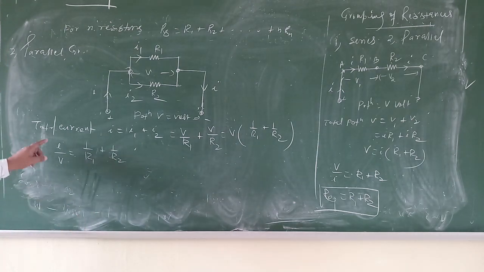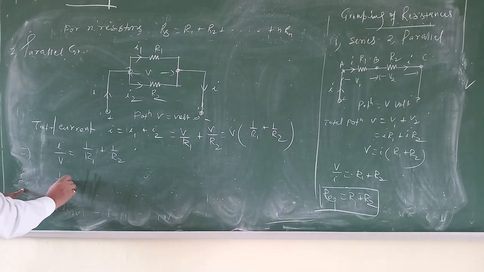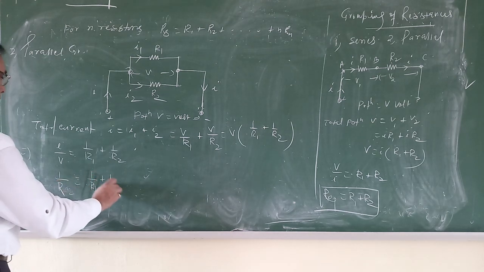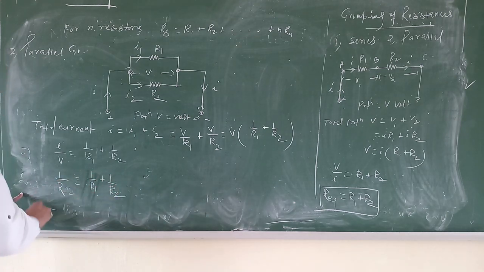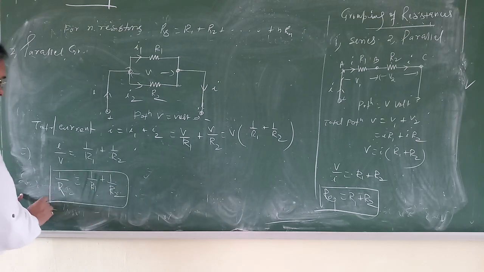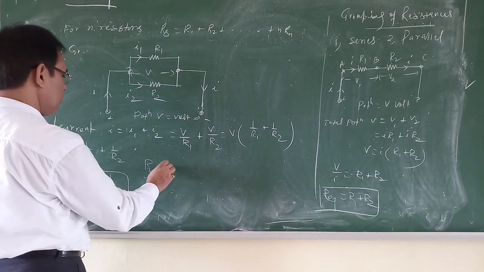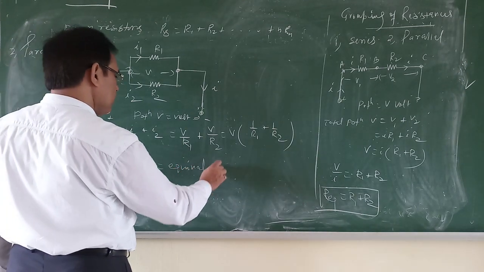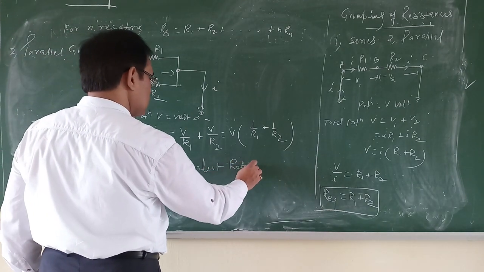I is the total current and V is the total potential. So that is equivalent to 1 by total resistance, 1/R, that equal to 1/R1 plus 1/R2. So that R represents the equivalent resistance.